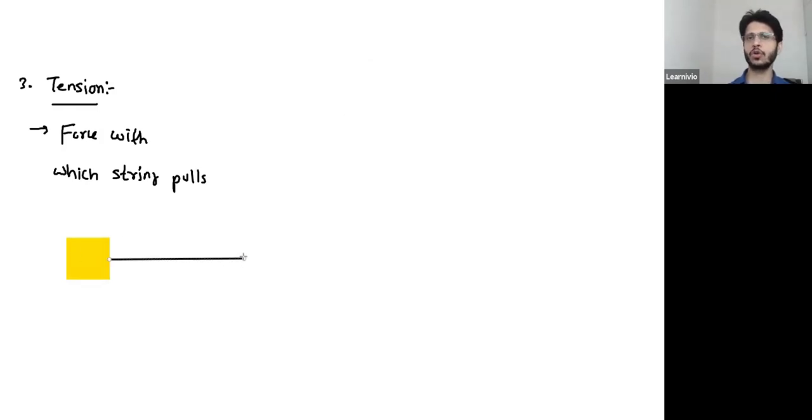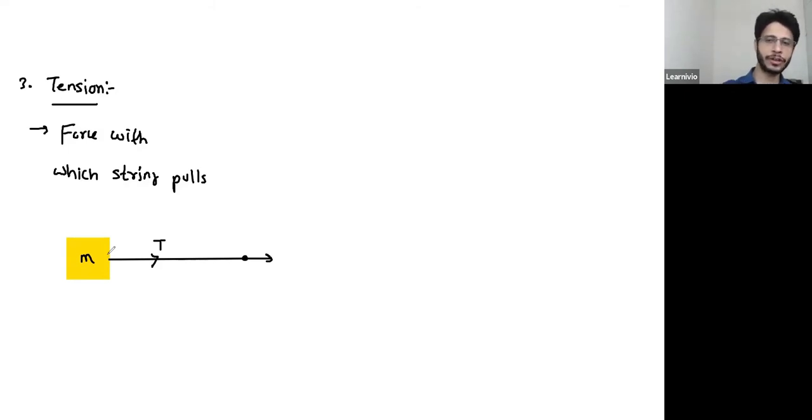String means wire or rope or something. I applied a force F over the string, so I'm pulling the string. In turn, pulling this string is exerting some force over the mass, and that force is known as tension. So tension is the force with which a string pulls a body.